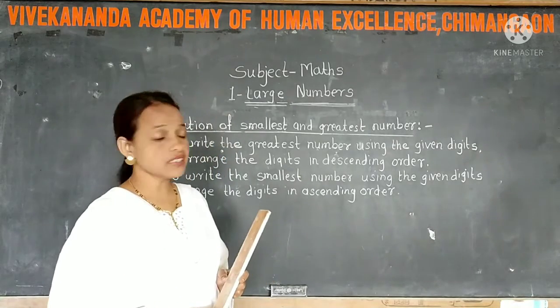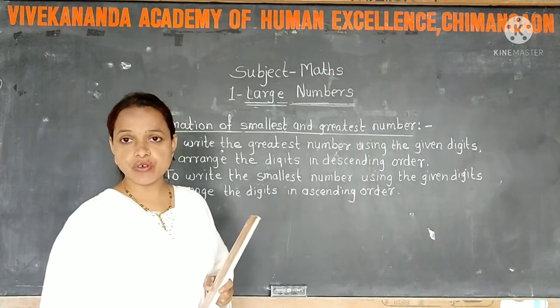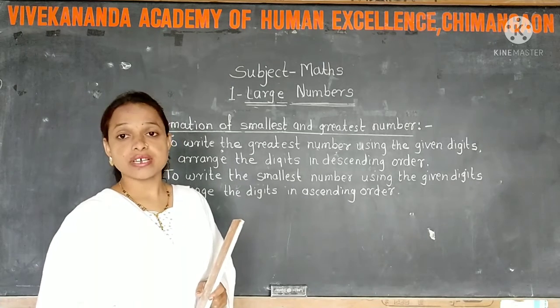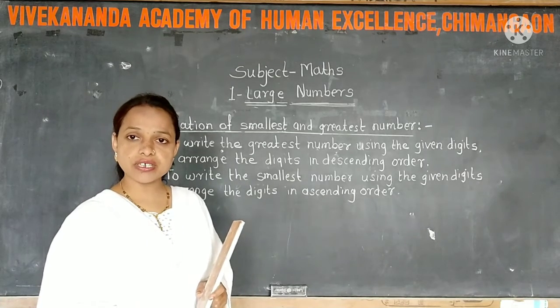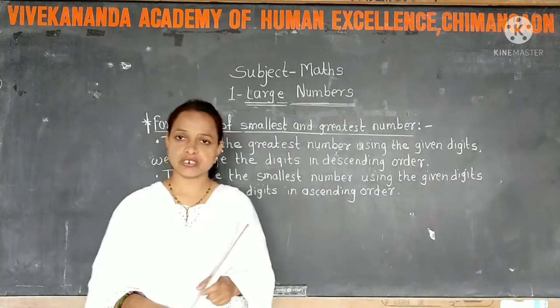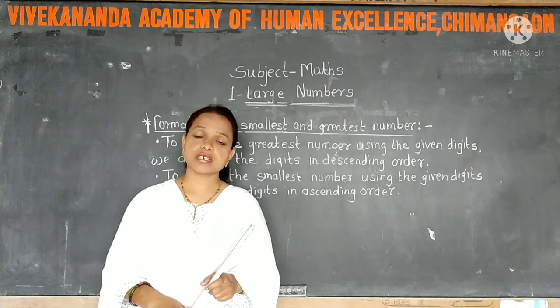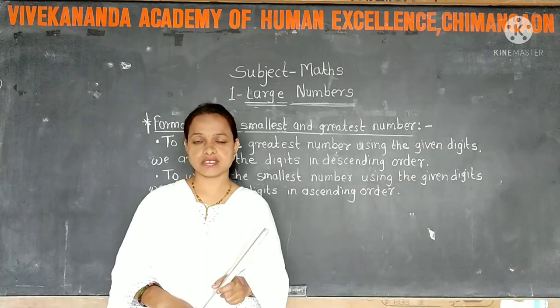Whenever we form a greatest number by using given digits, we have to arrange the given digits in descending order, means from greatest to smallest.